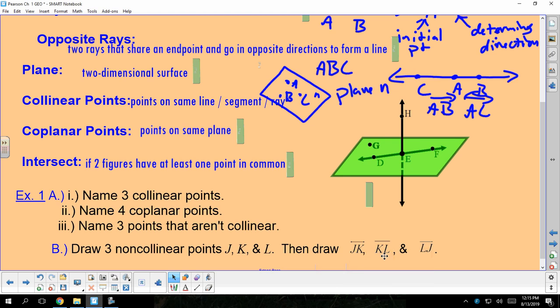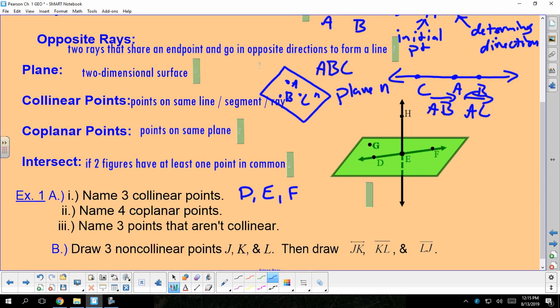All right, let's see how we did. Name 3 collinear points in here. Anyone have an idea of 3 collinear points? D, E, and F. And remember how we denote points: simply by the letters. A single letter denotes a point.